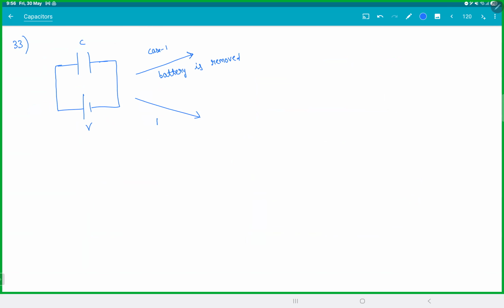Case 2, battery is present. So you removed the battery here, you kept the battery here. Then what you did, a dielectric slab is introduced between them.